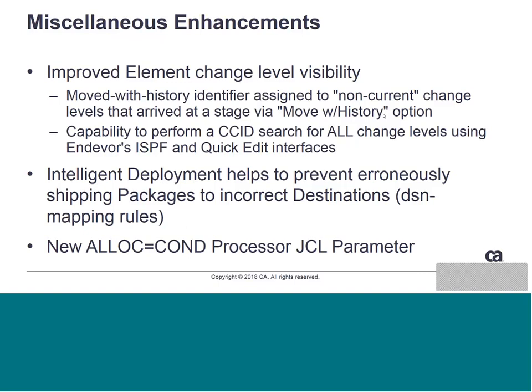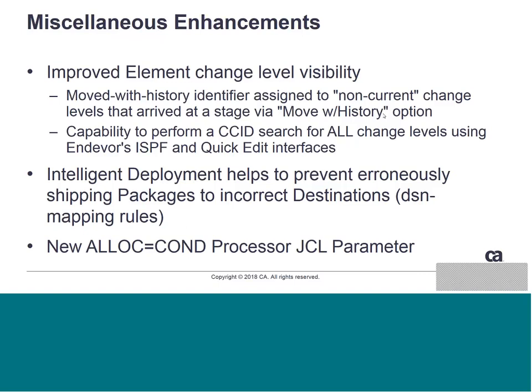And with this capability, now auditors can see exactly what other changes got moved to production besides that last one. And with that, we've also provided the capability to perform a CCID search. Actually, we extended the CCID search so that now, besides only the limited search that we have today with the MCF, you can now search through Endevor change levels as well to see those history indicators.